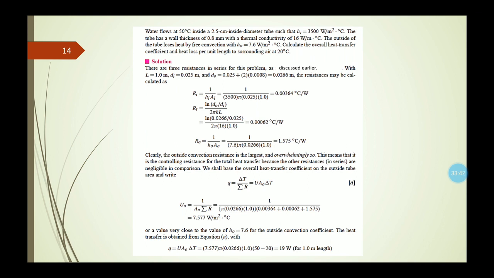This is very close to the value of the outer surface heat transfer coefficient, that is 7.6.